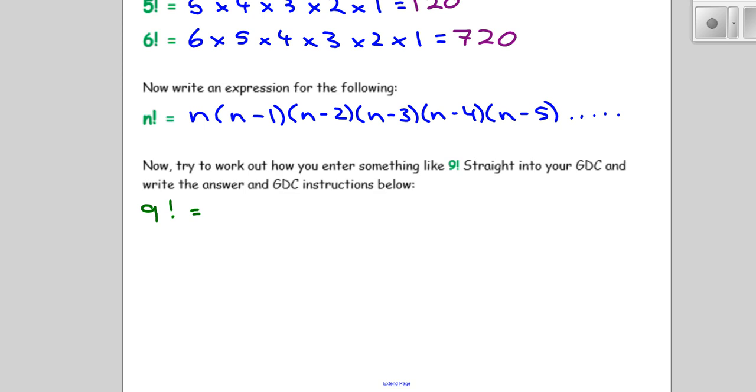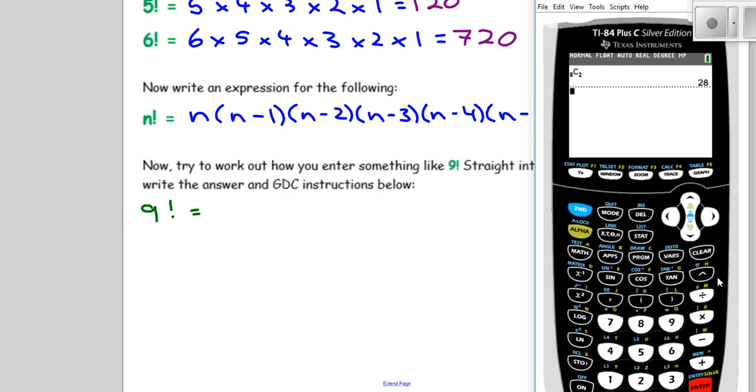Yeah, it takes a while. So how did you do that, Olwen? Where did you go to?